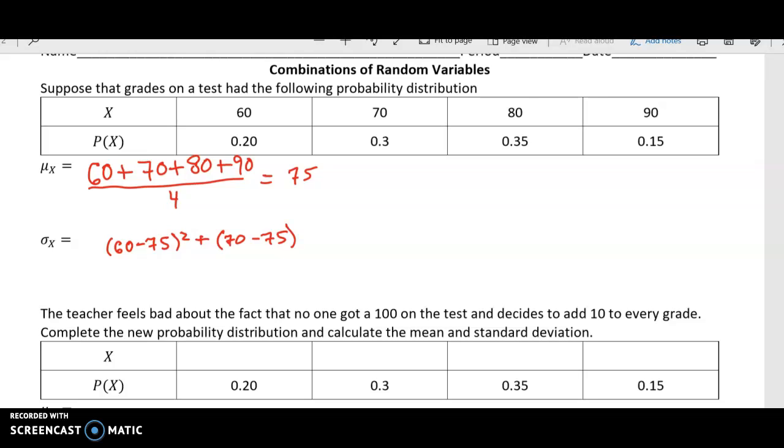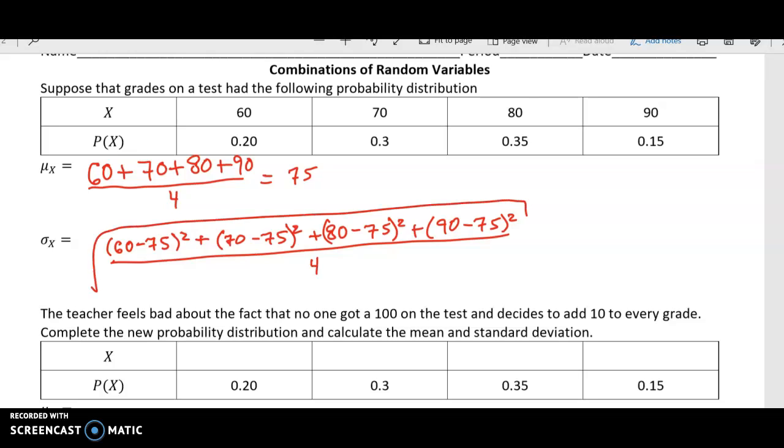It's messy. Let's just review from last time. It's going to build into this time. We divide by 4, we take the square root of that. It's 11.1803.